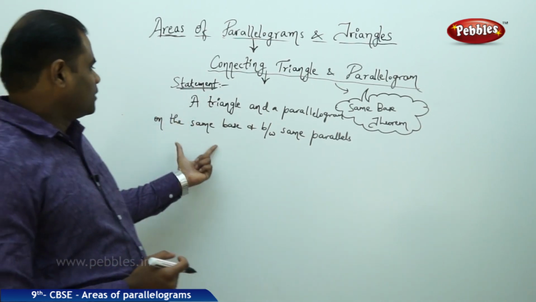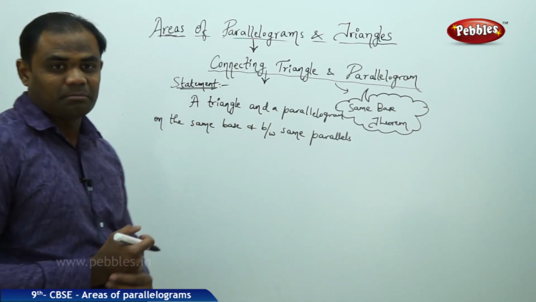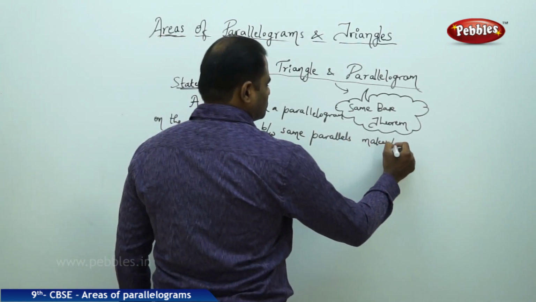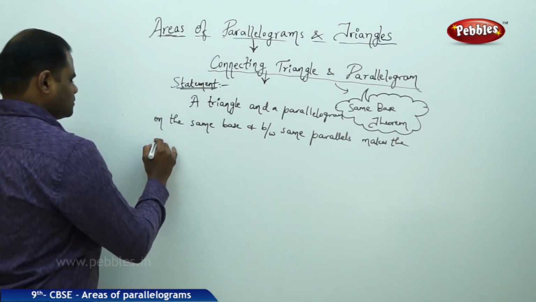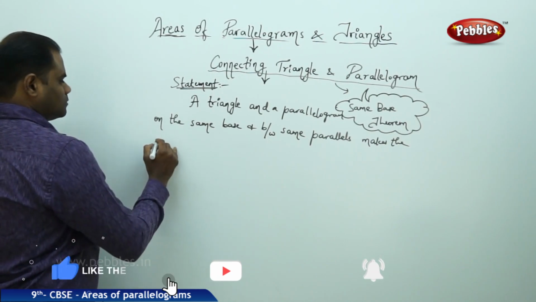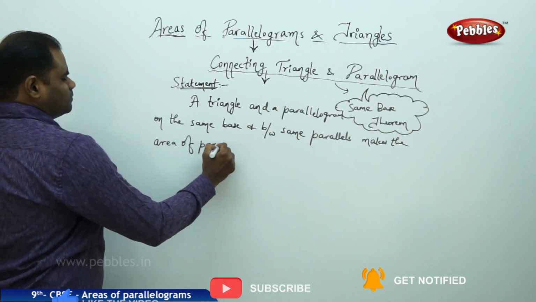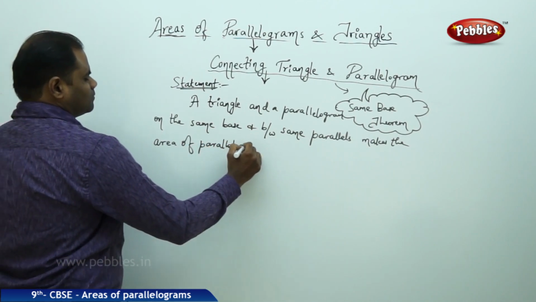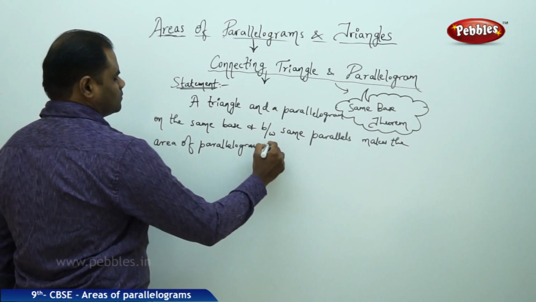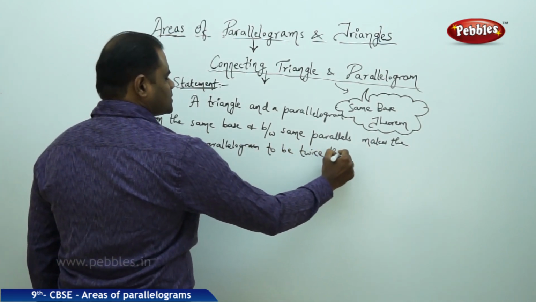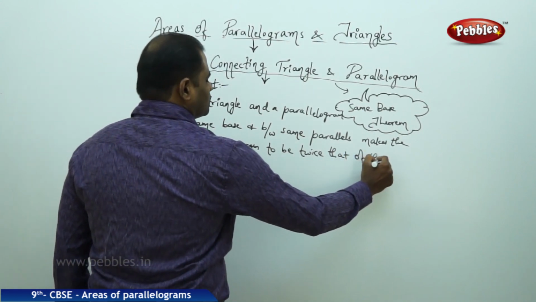If the triangle and a parallelogram are on the same base and between same parallels, it makes the area of parallelogram to be twice that of the triangle.